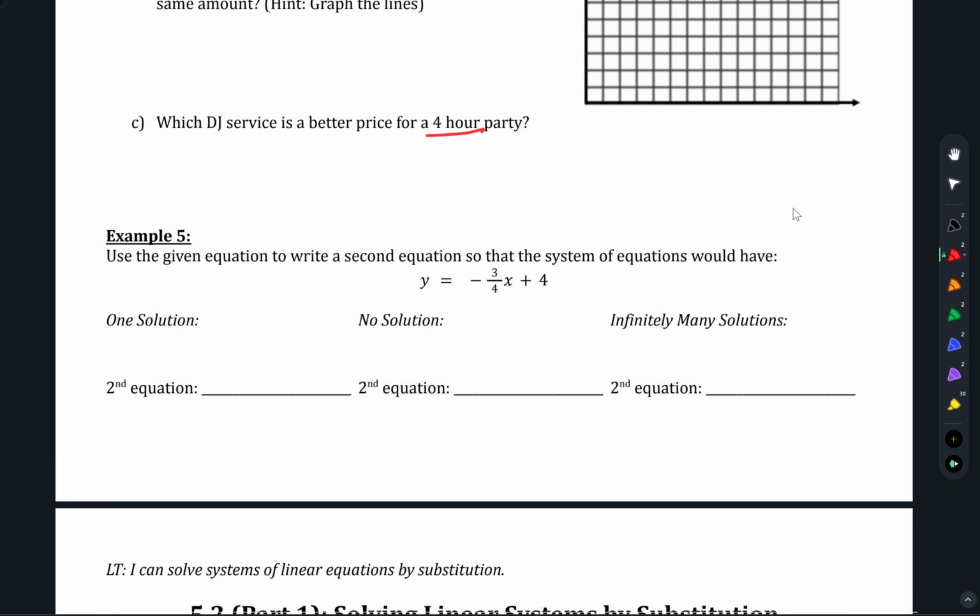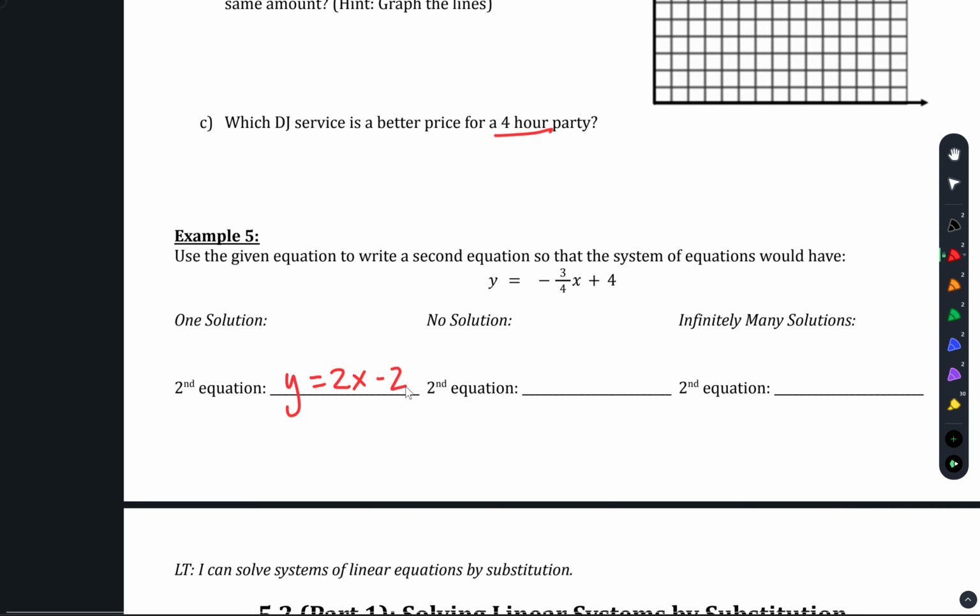Y equals 2x minus 2. This works because it's not parallel to my original line, and it's not the same exact line. So we know everything other than those two cases is going to give me exactly one solution. So you could have told me y equals 2,000,000x minus 17, and it probably would have worked, right? Any equation that is not the same slope as that equation would work.